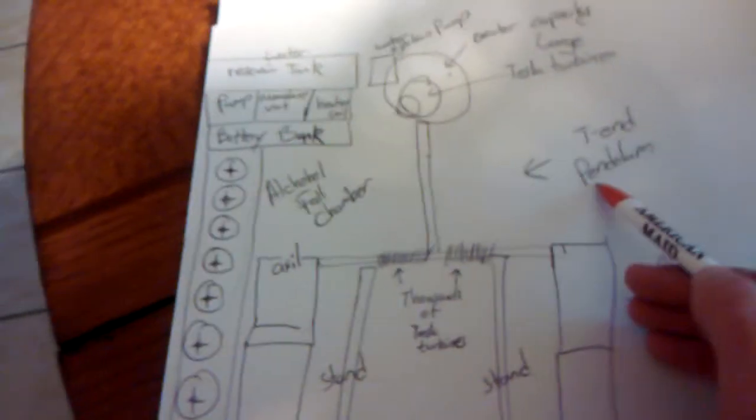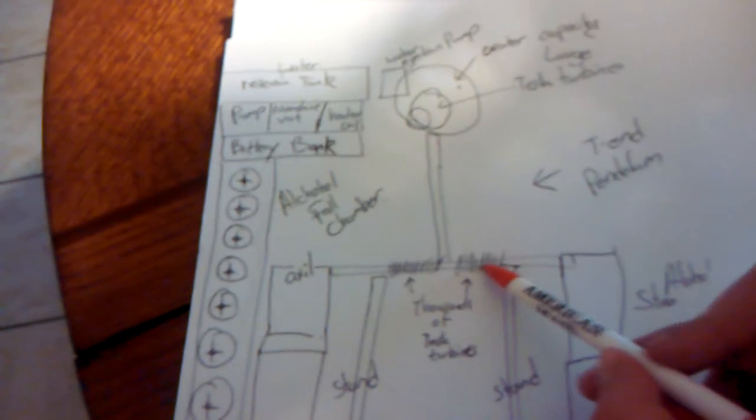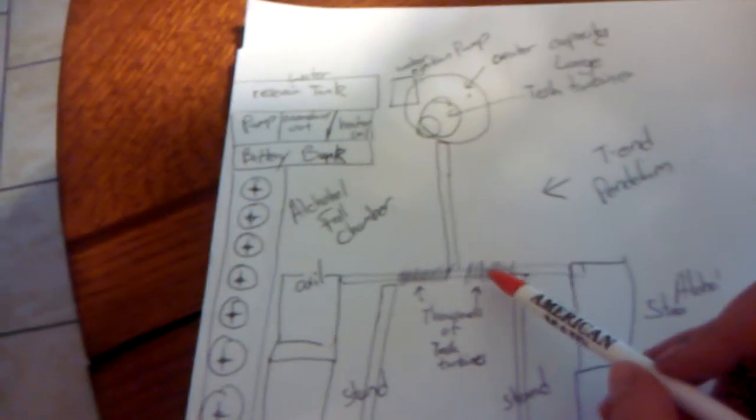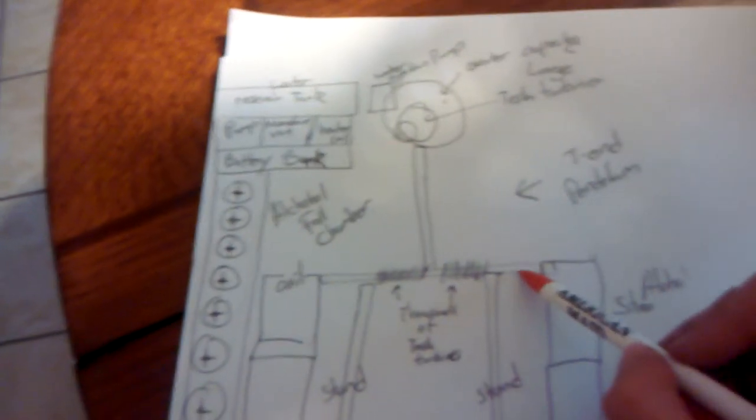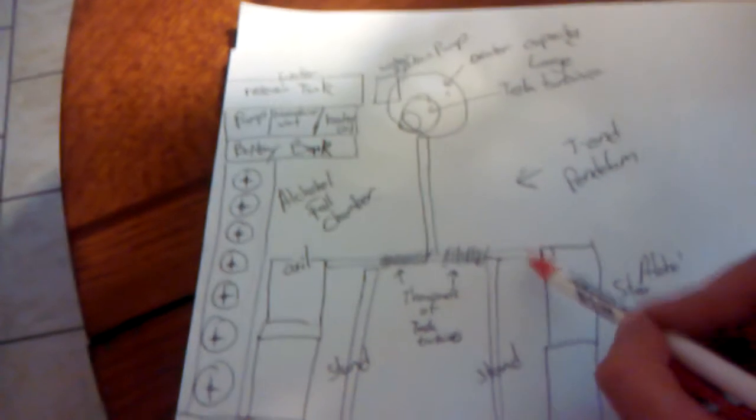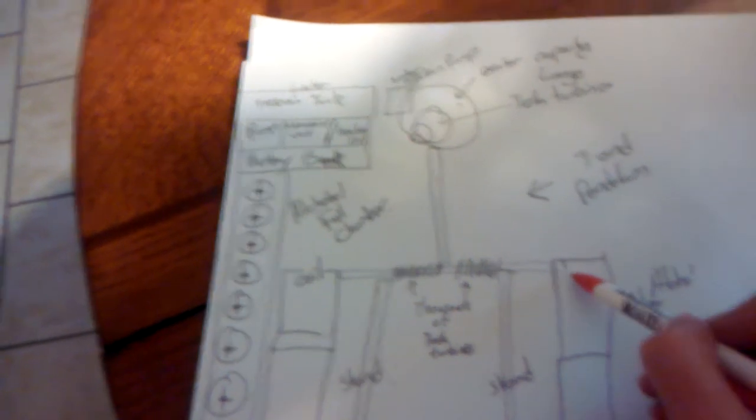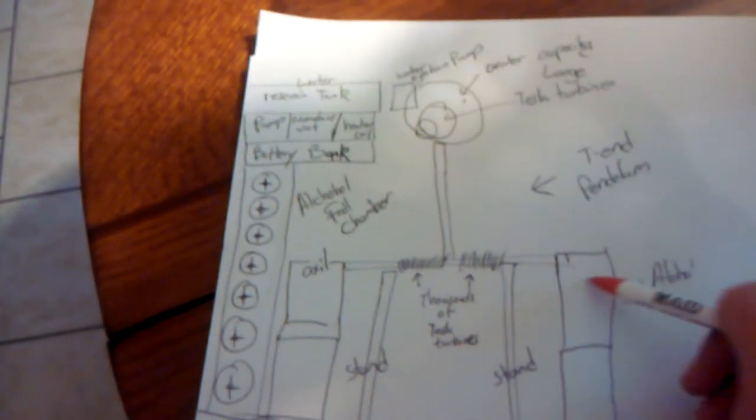So remember, it's a T-end pendulum, and all the Tesla turbines are connected to the T-end, and the axle is a big T-end piping, and sucks a pump out of the steam engines.